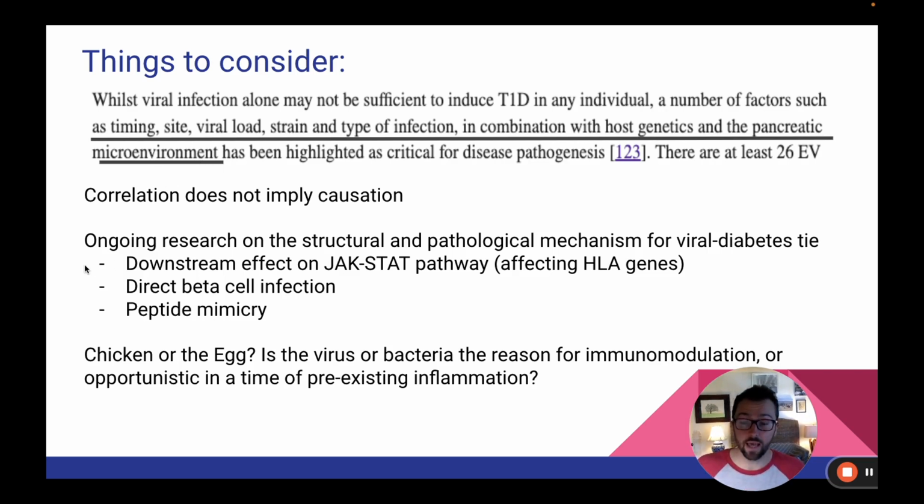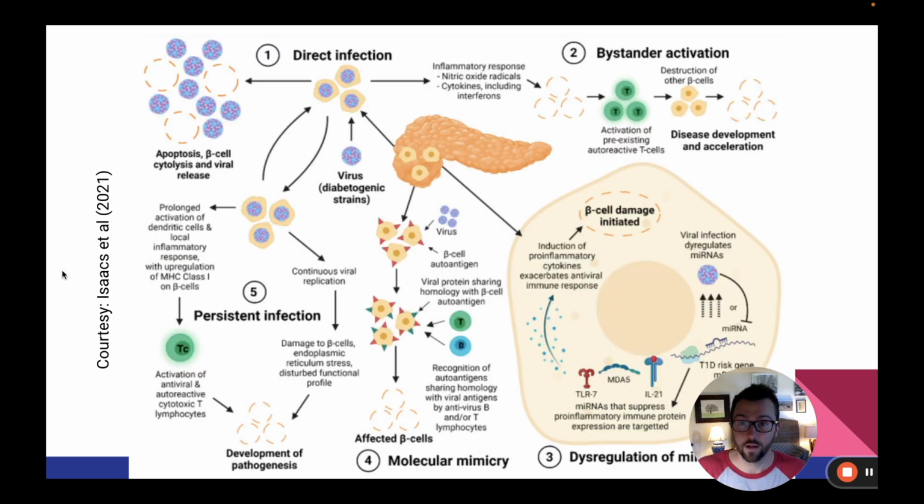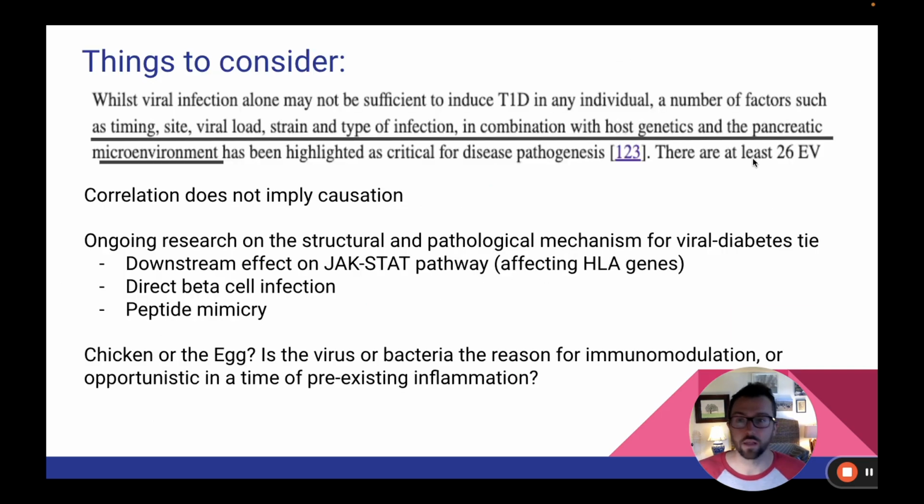It could be any of the ones we mentioned before, with mimicking beta cells, messing with mitochondrial DNA, are beta cells being an innocent bystander to the immune response designated for the virus? You know, who knows? There's a lot going on.